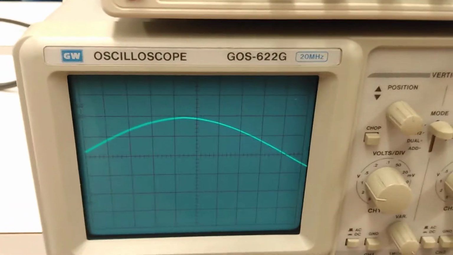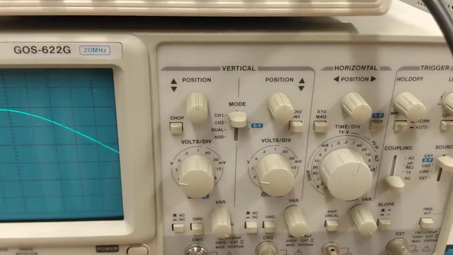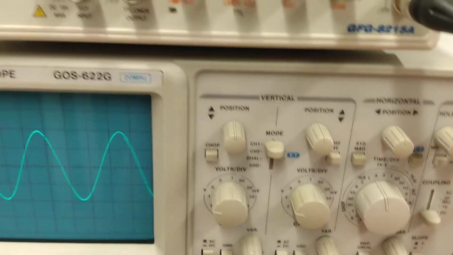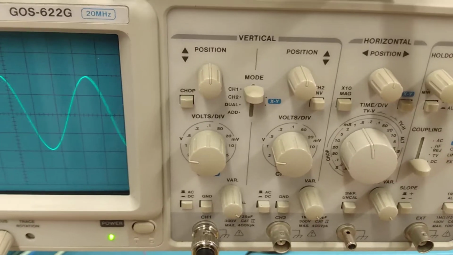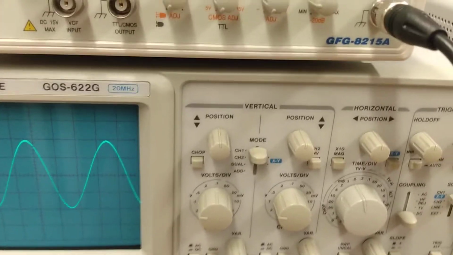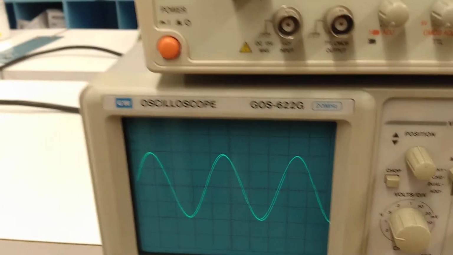Now, since we are 500 hertz, let's think about what our time per division setting should be. At 500 hertz, we can look at a 0.5 millisecond per division, and we should be able to calculate the signal that we have here on the screen.